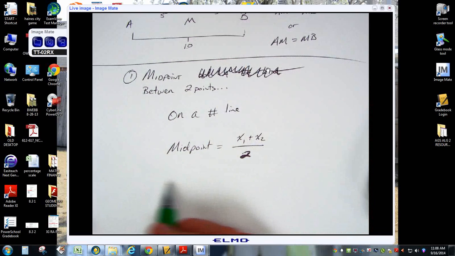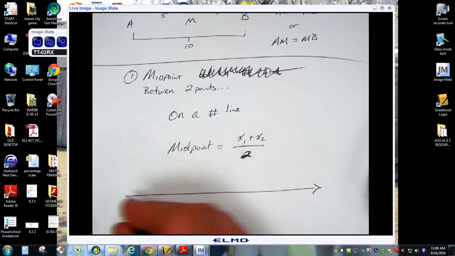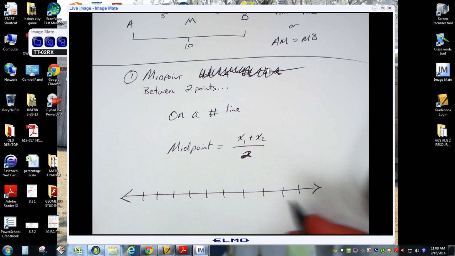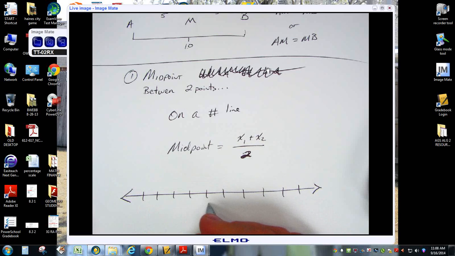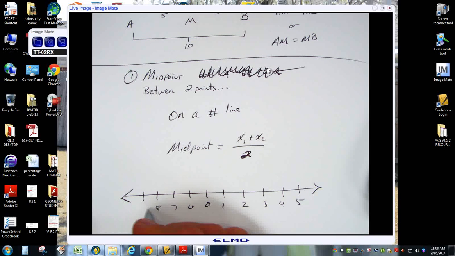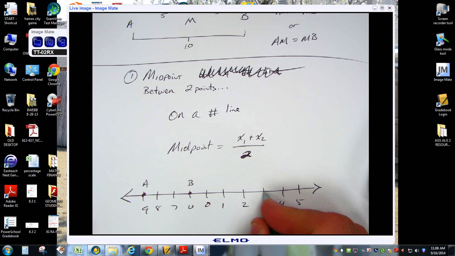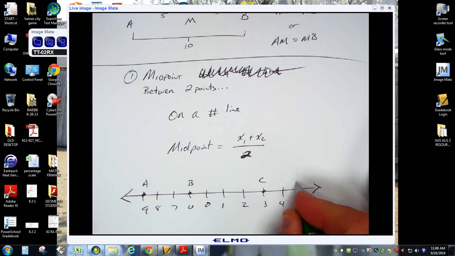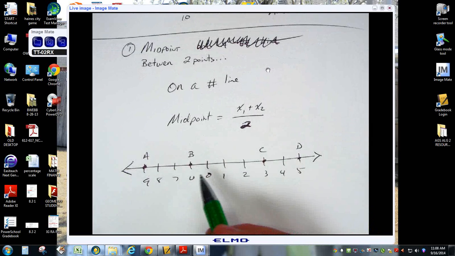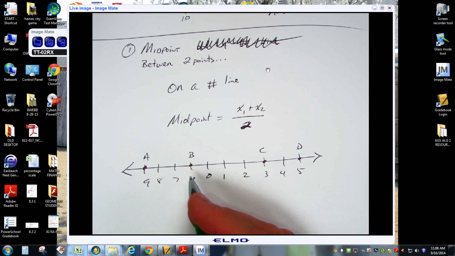What do I mean by that? Well, don't draw this number line, I just want you to look at it, because we're going to have some examples so you don't have to write this down. But just so you understand this right here, if I wanted the midpoint between B and C, why did I make this 6?